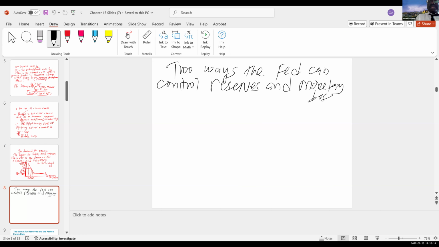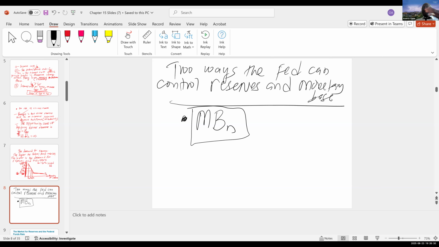We discussed this at length in chapter 14. The first one we're going to call non-borrowed reserves, NBR, because anytime you change reserves, you affect the monetary base. This is when the Fed uses open market operations as a tool of monetary policy.